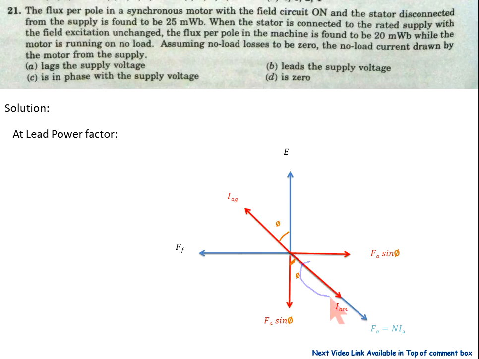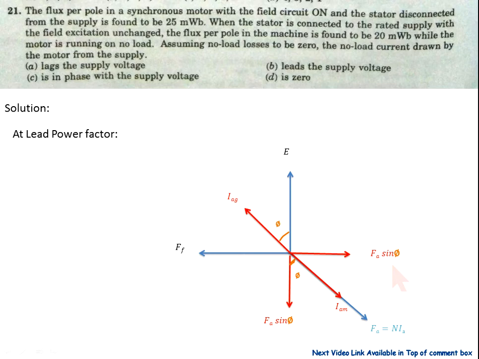In the phasor, due to this current, FA is generated, that is the armature MMF. This armature MMF is divided into two components: FA sin phi, the demagnetizing component, and FA cos phi, the cross magnetizing component. Due to this demagnetizing component, the total flux per pole is reduced from 25 milliweber to 20 milliweber.